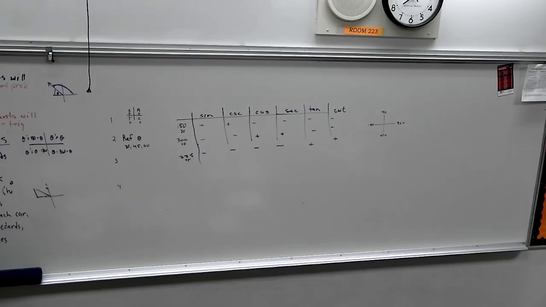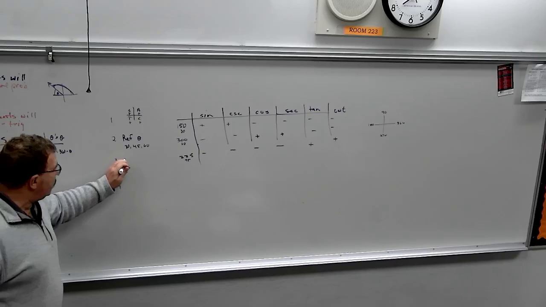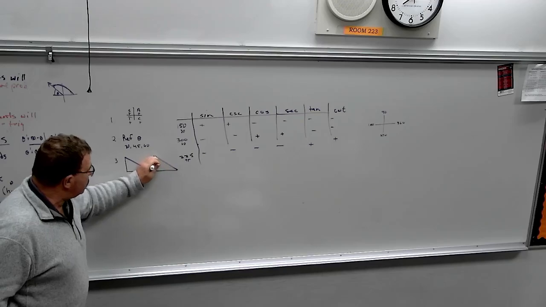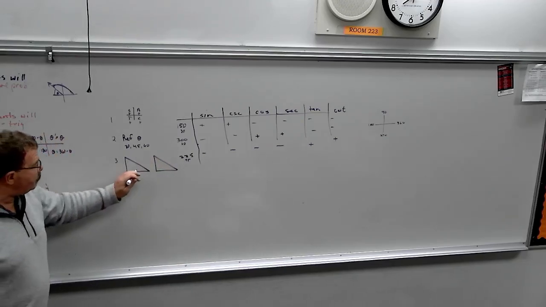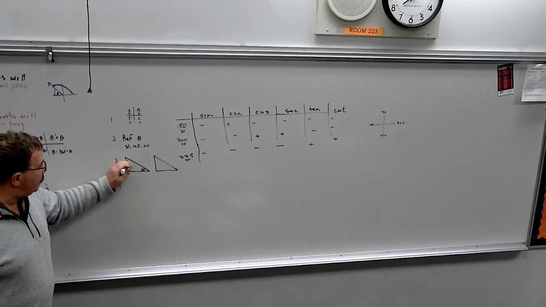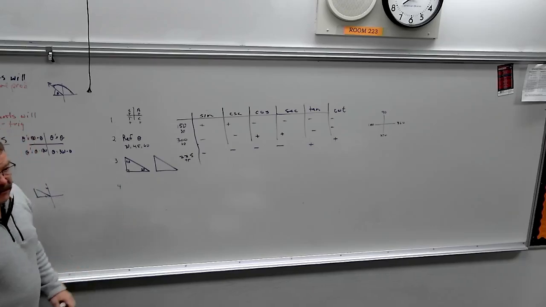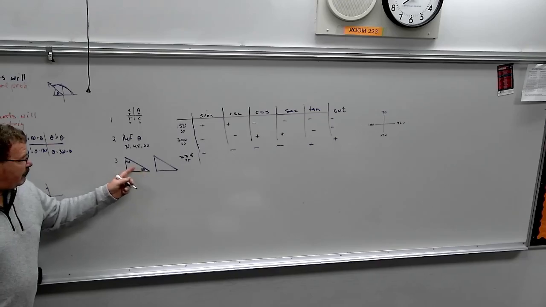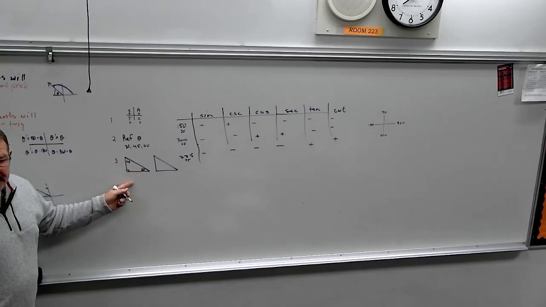Probably the most important thing: draw your triangles. And this is something that maybe you have to write out a bunch until you have it memorized. I always put 30 down below. I always put 60 up top. I just do the same thing every time. I notice people will flip these, but then they don't flip the side measures.